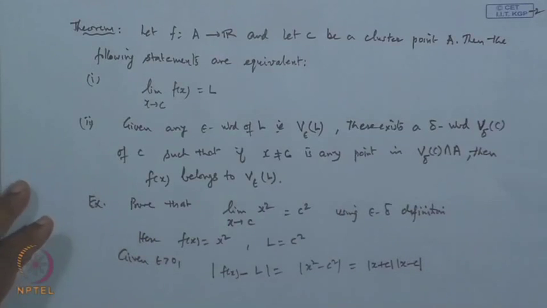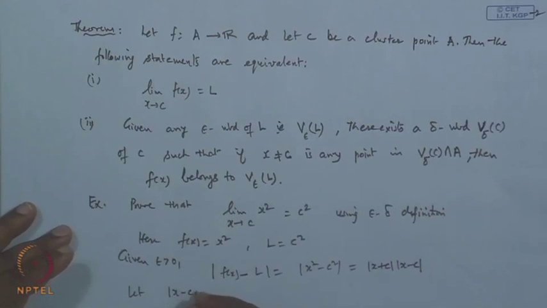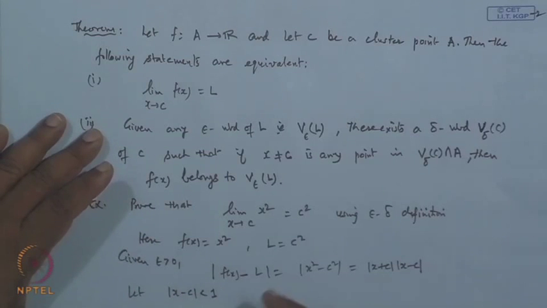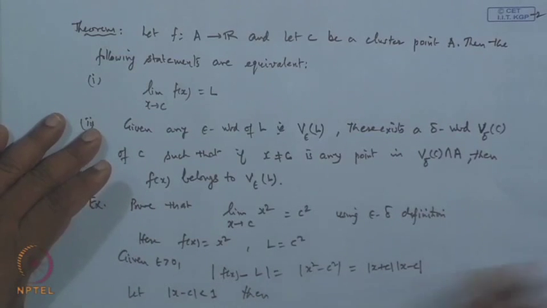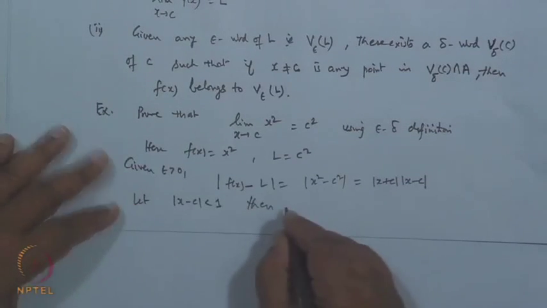So, let us take mod x minus c less than 1 first. Why? Because in this case x is lying close to c. If I take this, then the bound for this x plus c we get from here.